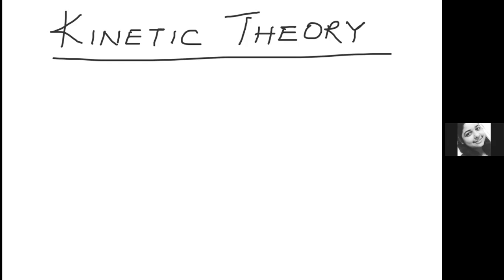Okay, so the first thing, before starting the kinetic theory of gases, that we should be dealing with is the kinetic model. So what is kinetic model? Okay, so we will be learning about kinetic model.